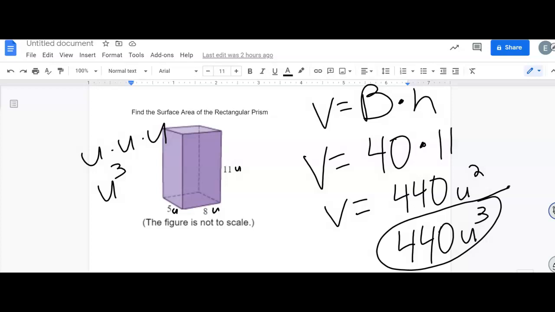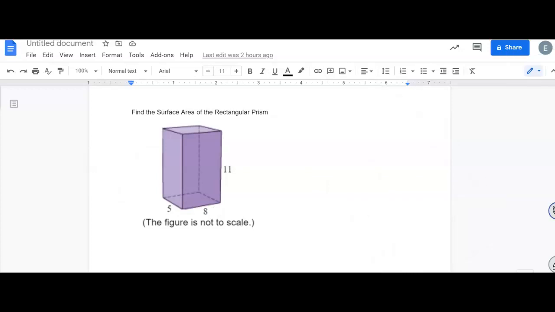All right, now what if we didn't use the other formula? What's the other formula we use? Sydney. That's what we just used. All right, what is the length of this rectangular prism?